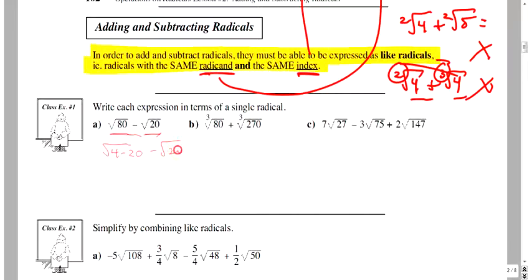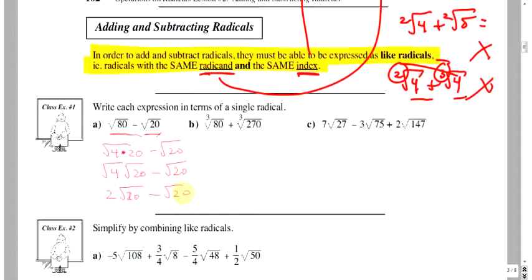And I know I can take the square root of 4. Okay, that's a times, not a minus. Which is 2 root 20, minus 1 root 20. It's how many root 20s?